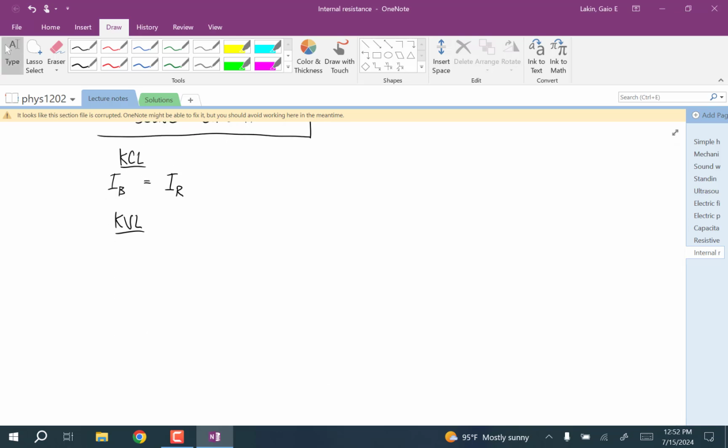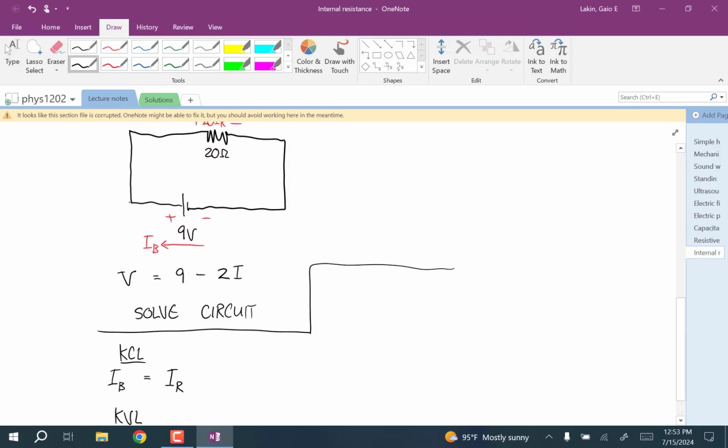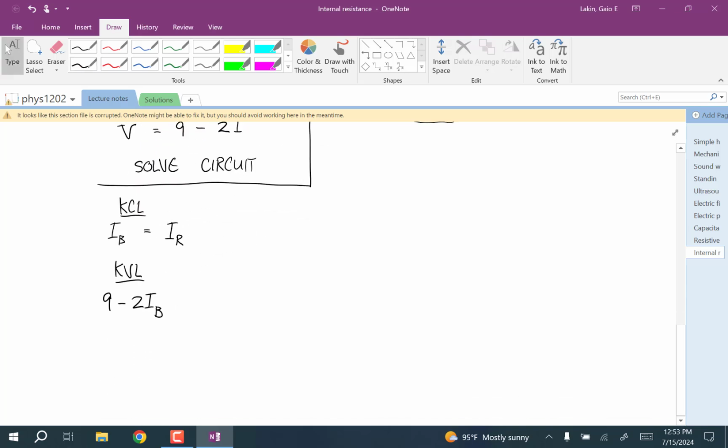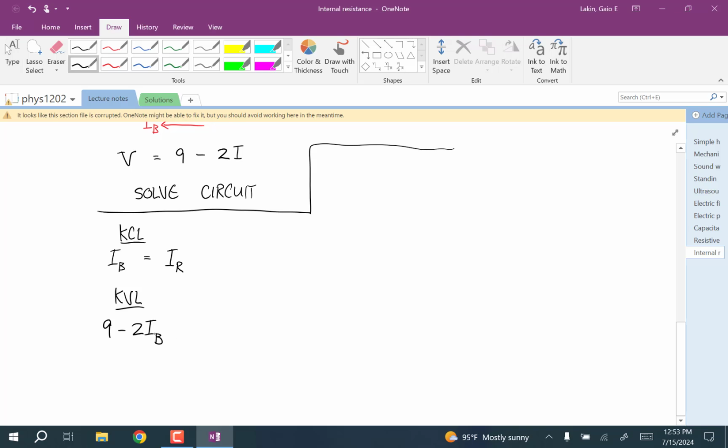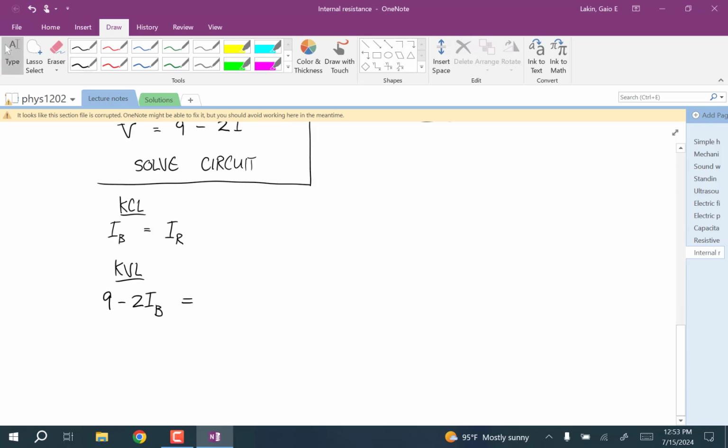It's going to be 9 minus 2 times IB as the voltage rise, and then the voltage drop is going to be 20 times IR. We know these are the same, so I'm just going to replace IR with IB. And so what we get is that 9 is equal to, in this case, 22 IB.